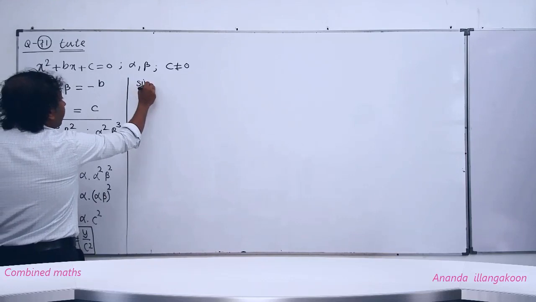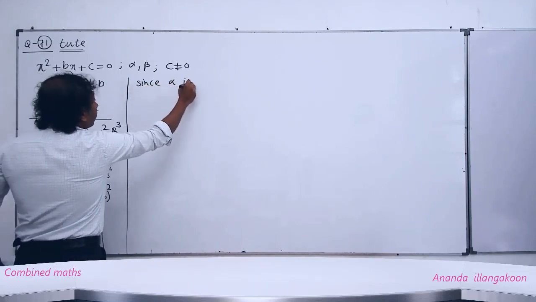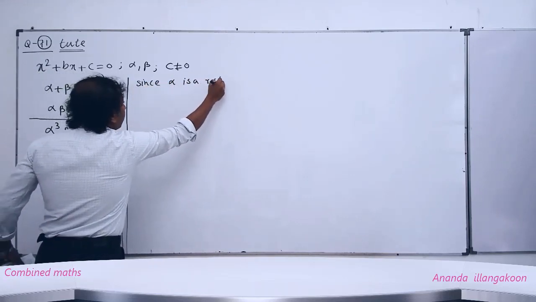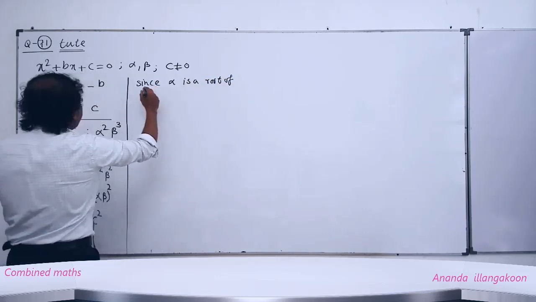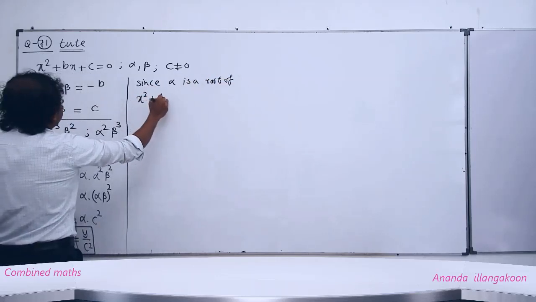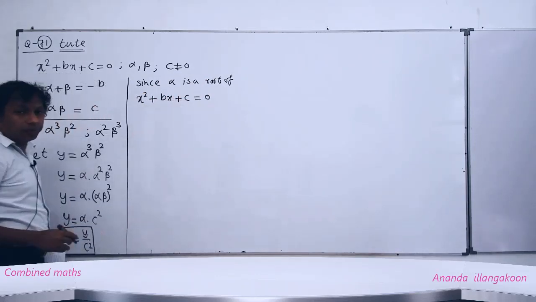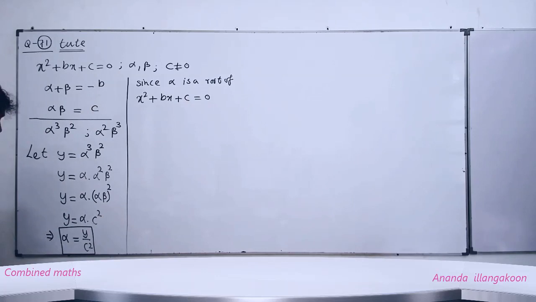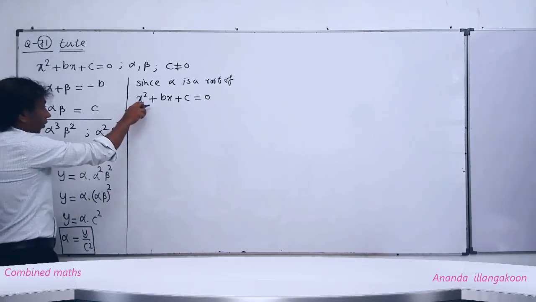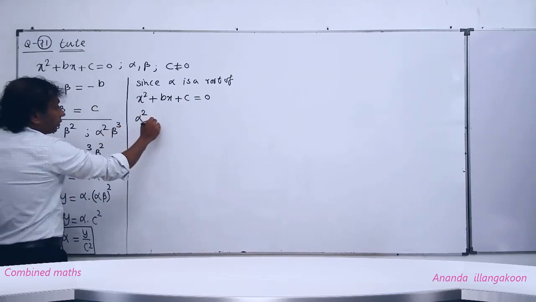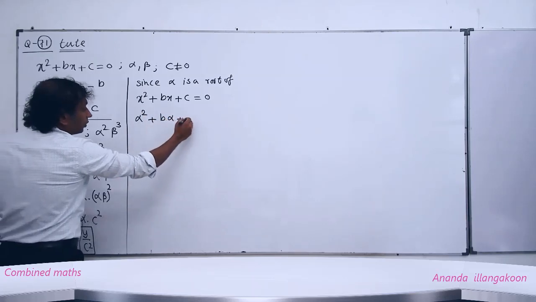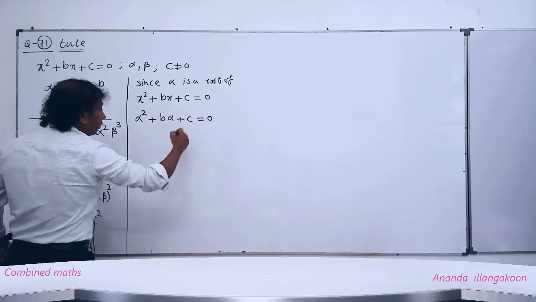Since alpha is a root of x squared plus bx plus c equals 0, we can substitute for x: alpha squared plus b alpha plus c equals 0.